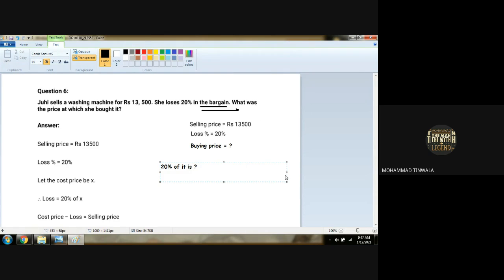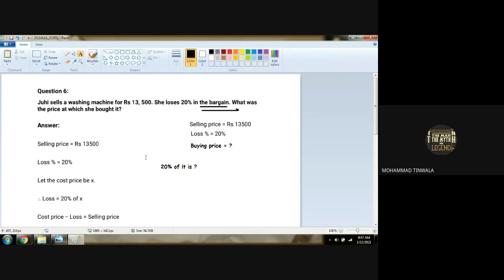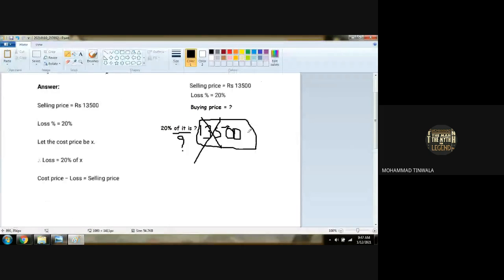This 13,500 is the actual selling price, not the 20% of something. So we cannot calculate like this. We cannot calculate 13,500's 20%. All the options are wrong.